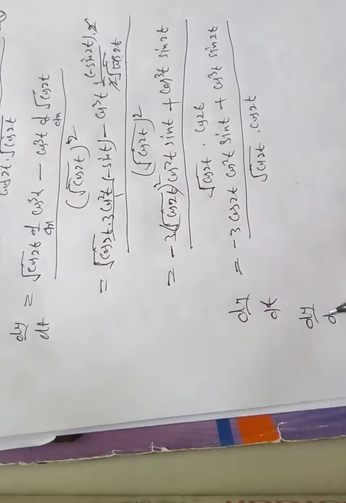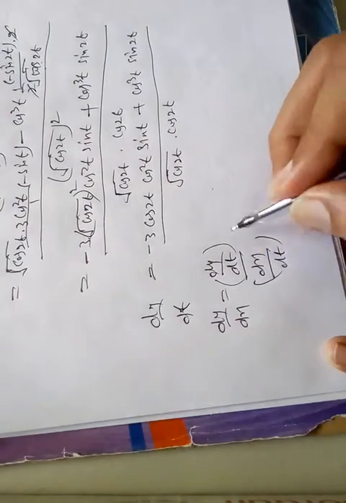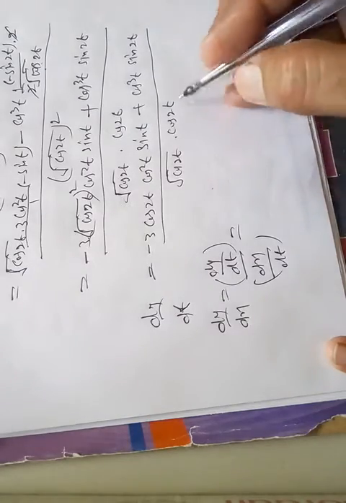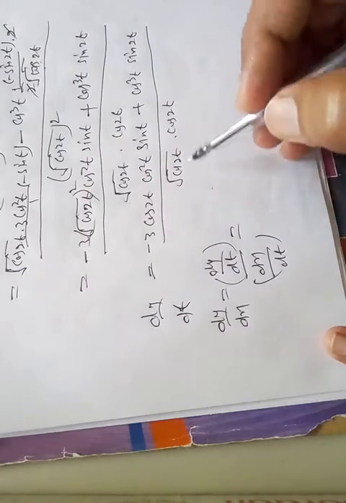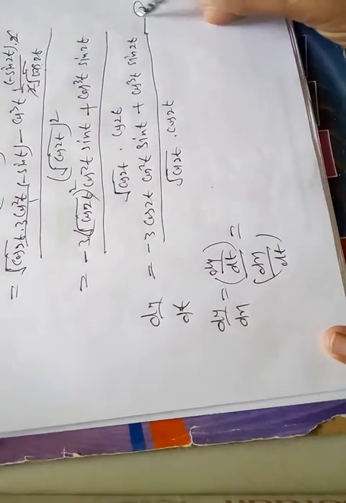Find dy/dx equal to (dy/dt) upon (dx/dt), this function. Okay, this y. So this and this also cut, this number 2.